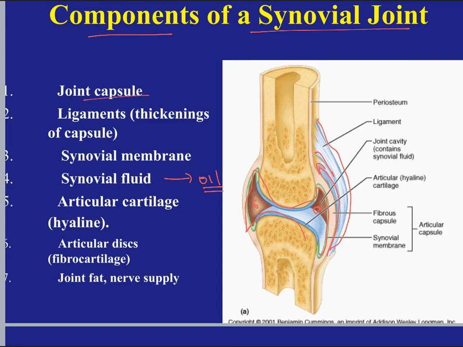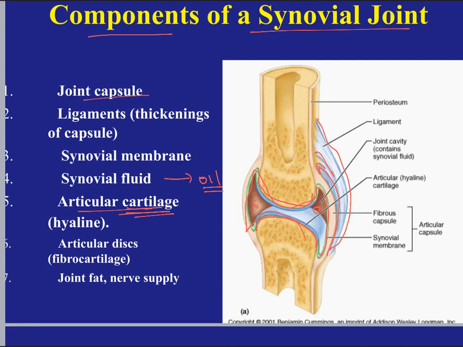The next component of a synovial joint is the articular cartilage. What we know about bone is that it has a small, thin sheath of cartilage that surrounds it. The role of the articular cartilage is to protect the actual bone itself. And when we have damage to the articular cartilage, that can lead to direct damage of the bone.